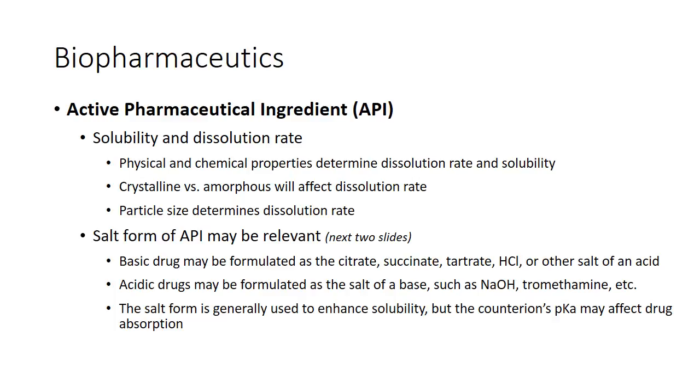So, for instance, the first one I could think of, because this appears to have some clinical relevance, is metoprolol succinate. That is a salt form, and believe it or not, sometimes you can't just say the drug of choice for this disease is metoprolol.